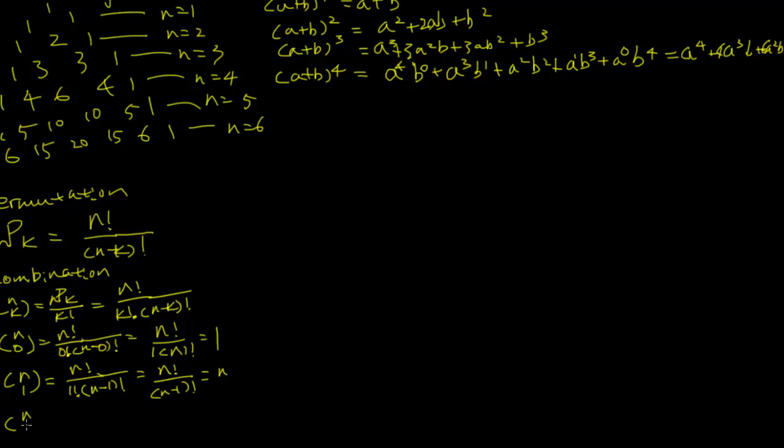And when k is equal to 2, it becomes n factorial over 2 factorial times n minus 2 factorial.